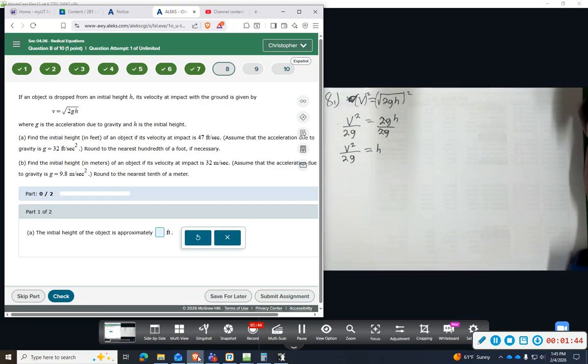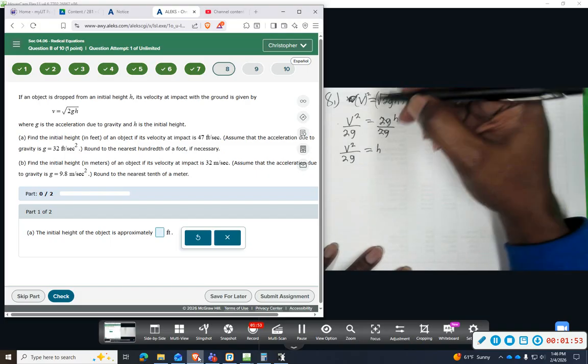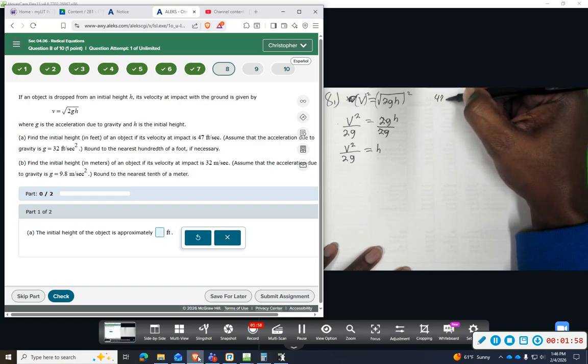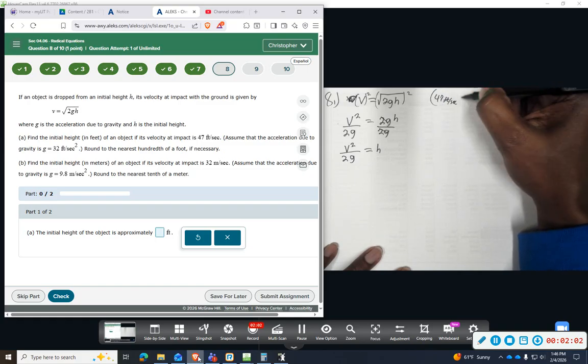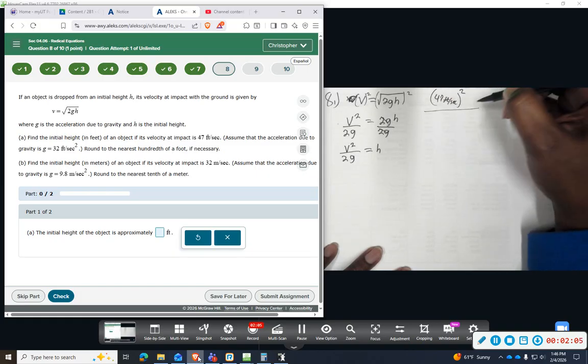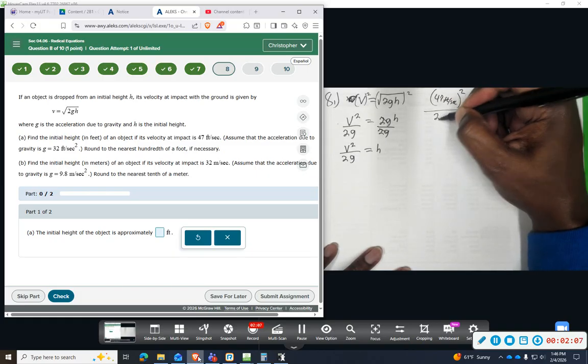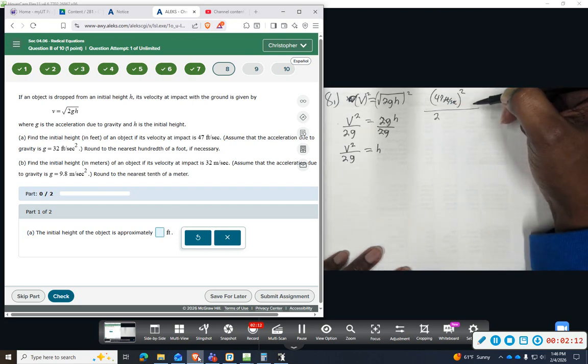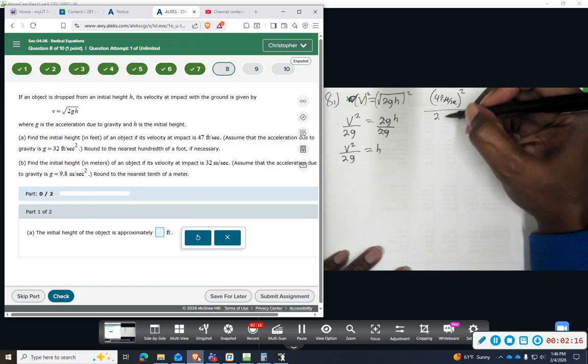And then from this point, we just plug in the values that we're given. It says find the initial height if the velocity at impact is 47 feet per second. So in V, this is going to get squared. Divide that by 2 times G. G, it says gravity is 32 feet per second squared.